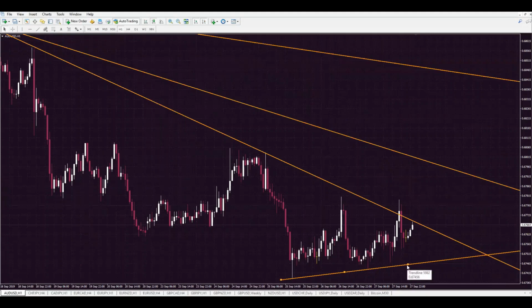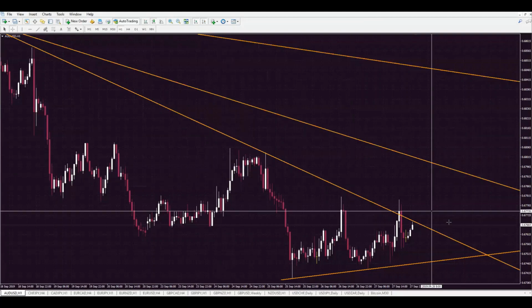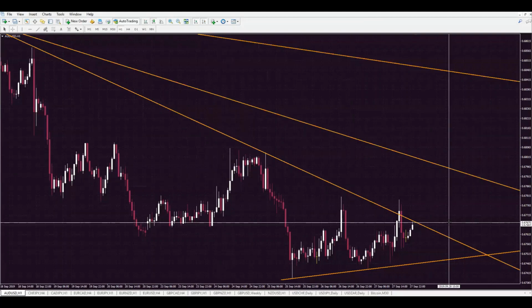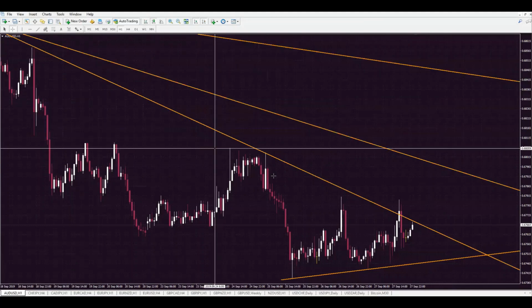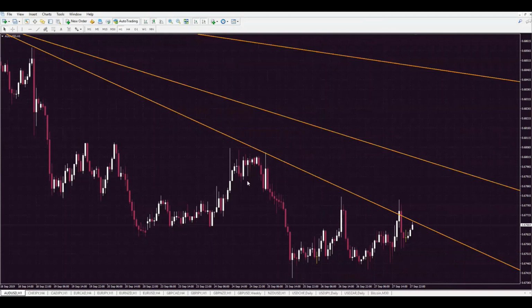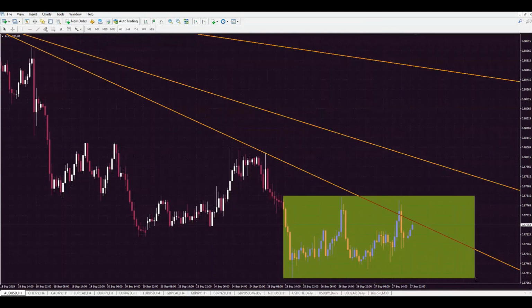But yeah, because for me, a triangle needs at least one side to be a correct trend line, and in this case this one is, right? So for me personally, I'll be looking for a break of this area.